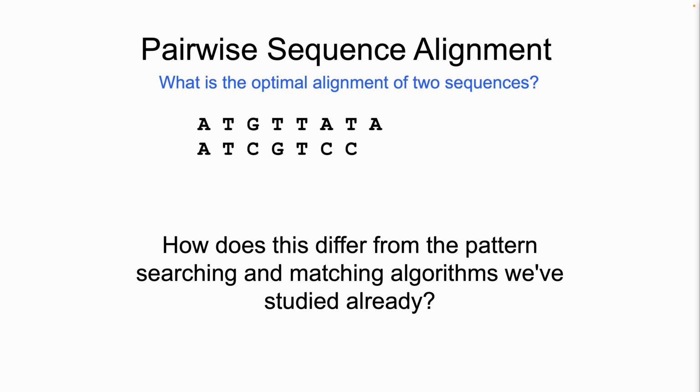Are we taking larger sections and trying to align them, instead of just taking sections and finding repeating patterns within the sections? Yeah, exactly. Instead of trying to find out where this little piece belongs in this bigger sequence, we're going to take two whole big sequences and try to figure out the best way to align the whole thing of those two big things, right? So that's a different computational problem than pattern matching, okay?